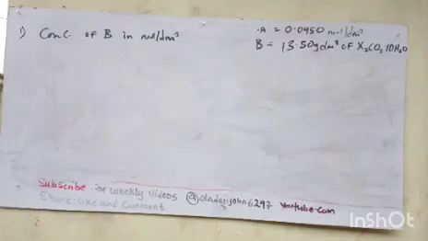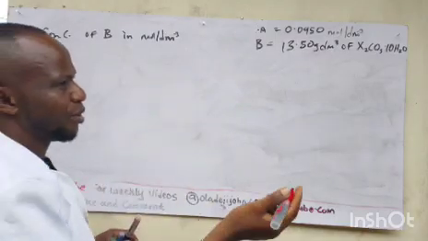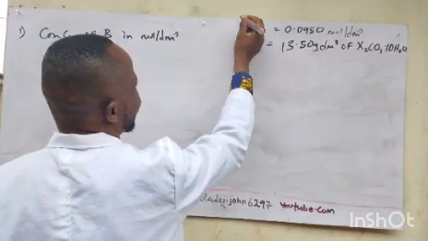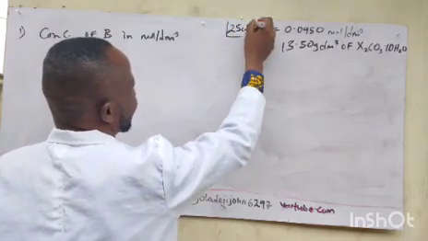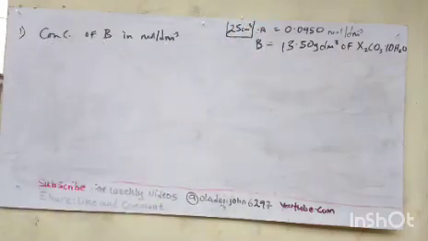Now, what other information do we have? Pipette is 25. Volume of base, that's the volume of pipette used. And then what other information?